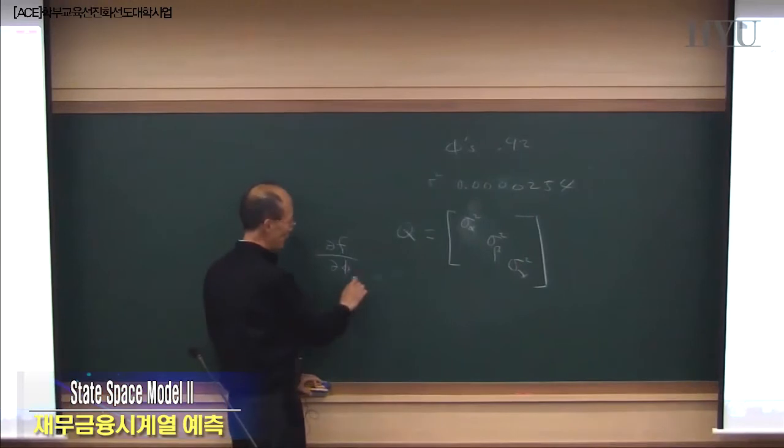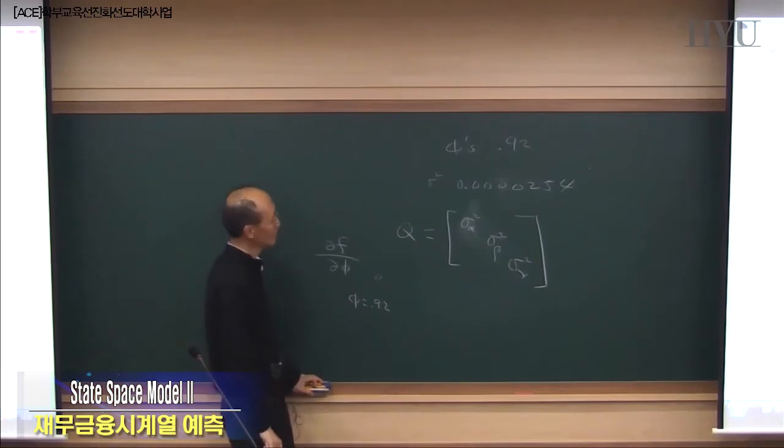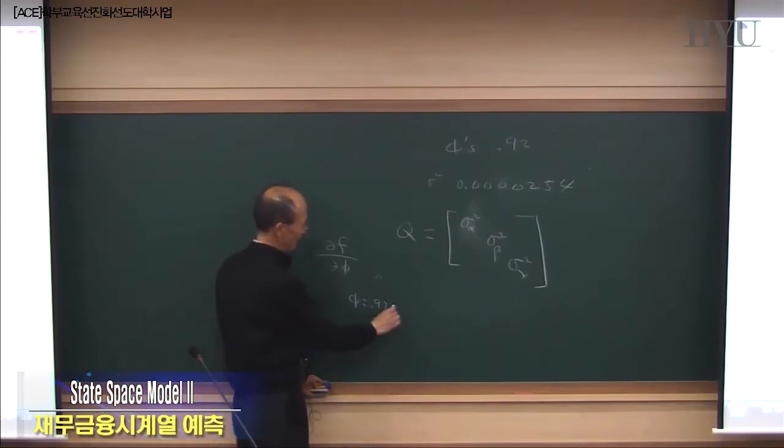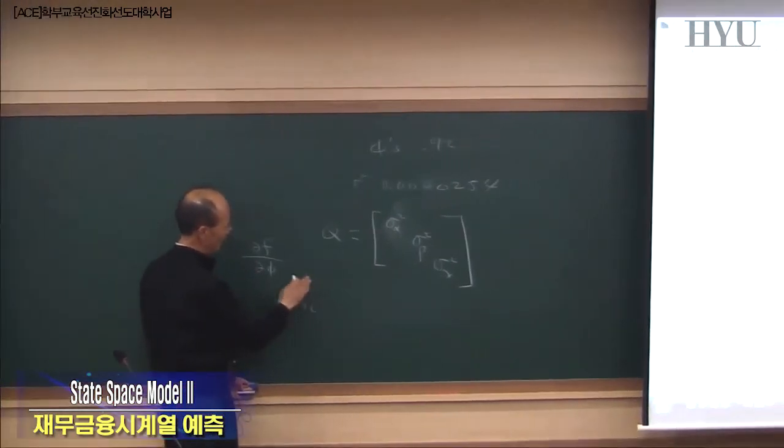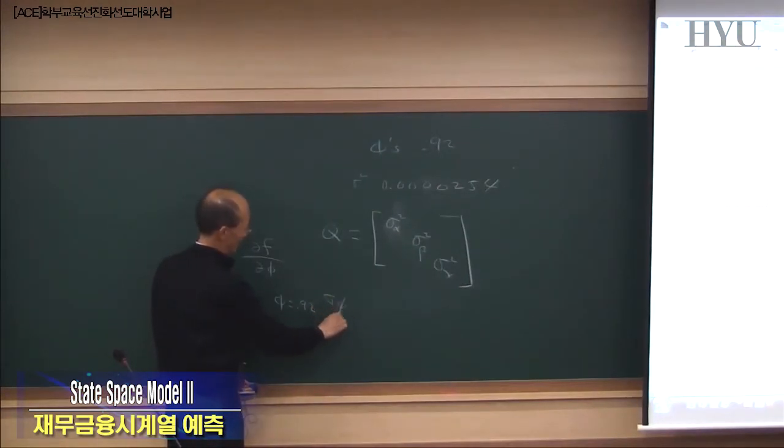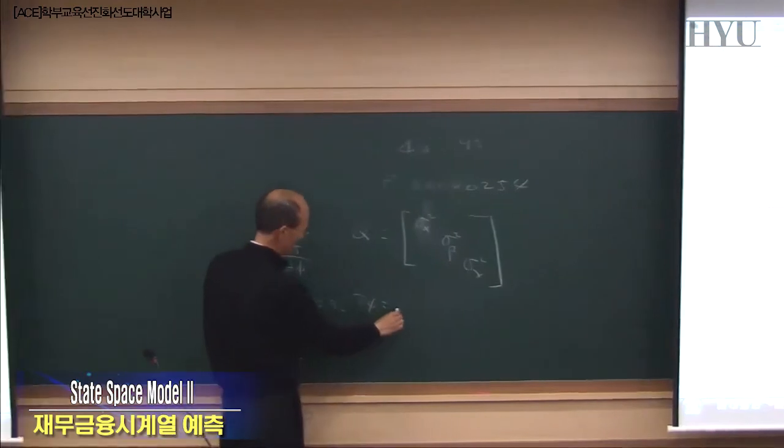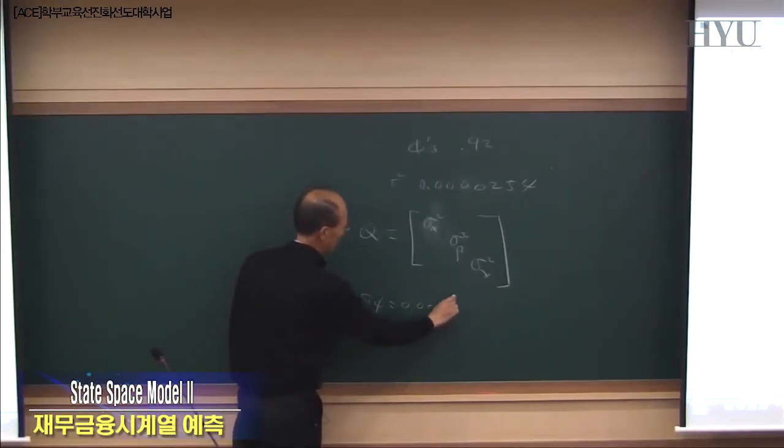Let's say the current value of pi is 0.92, and delta pi, the small change, is let's say 0.0001.